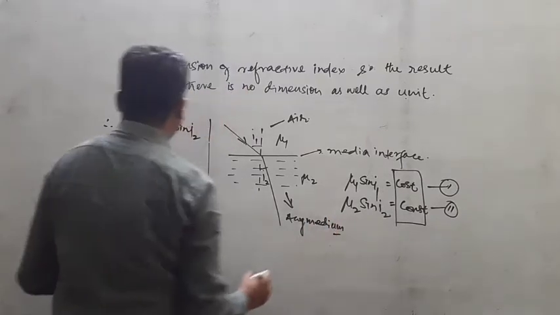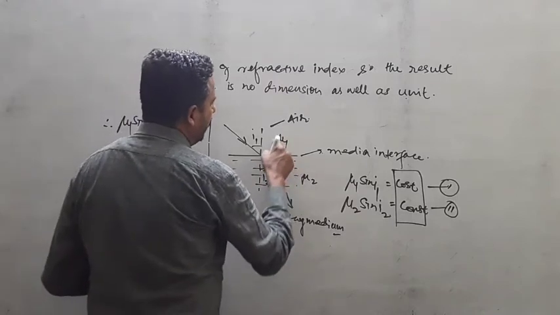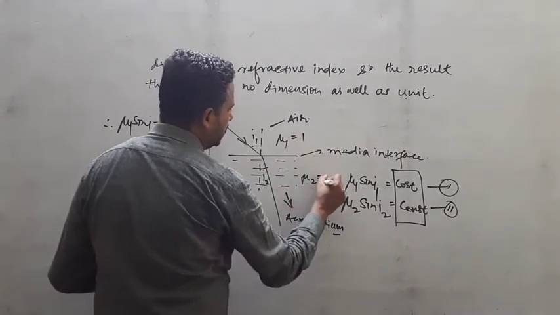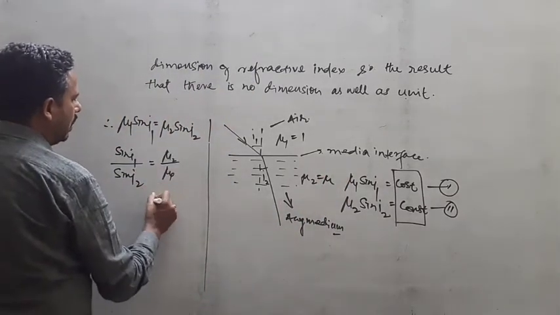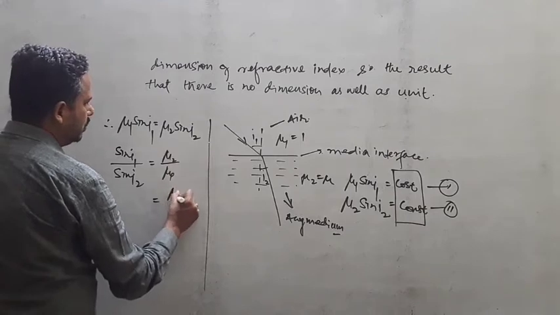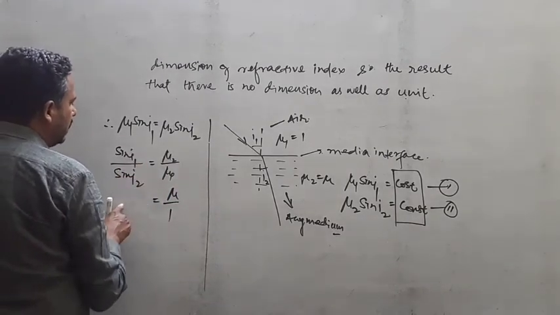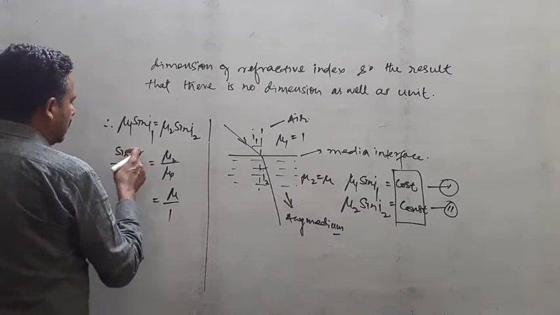So what you can calculate here: mu1 is equal to 1, and suppose this one is mu. So your mu1 will be 1 and this one is mu. So mu by 1 will be here, and both are sine and this one is angle. So dimensionally, the angle will be here.